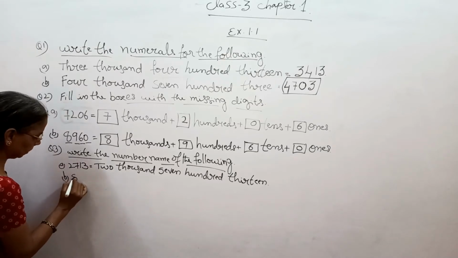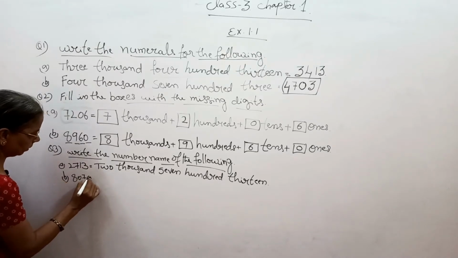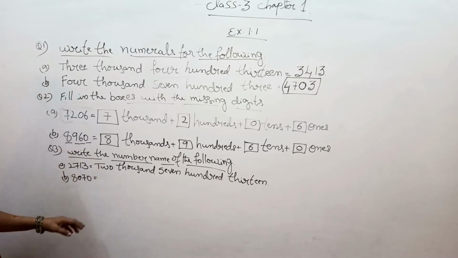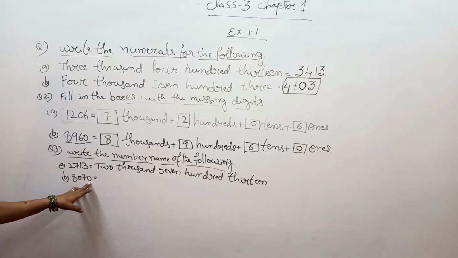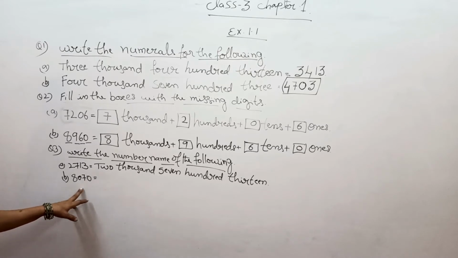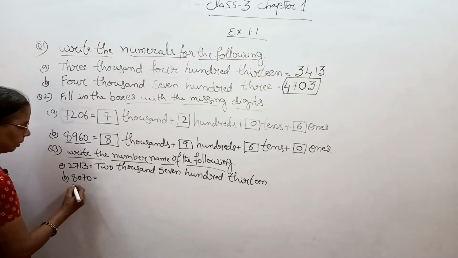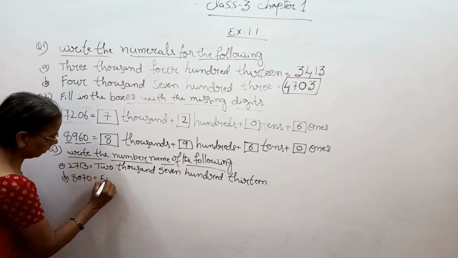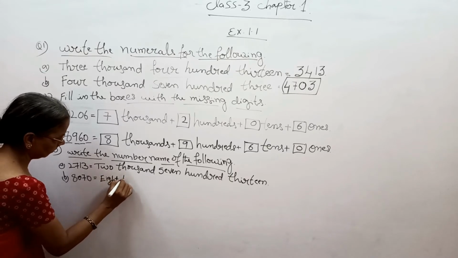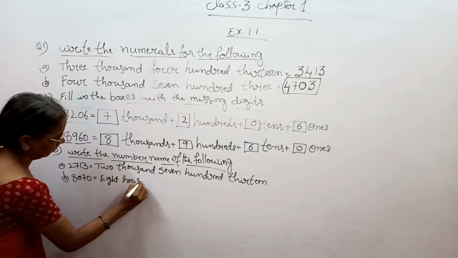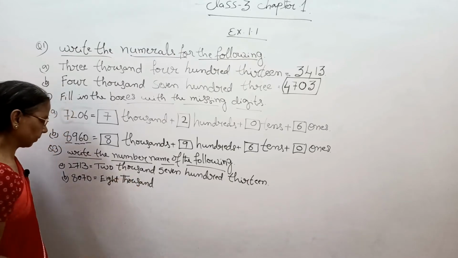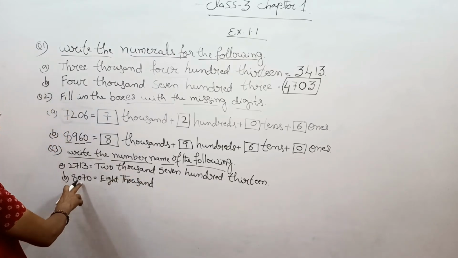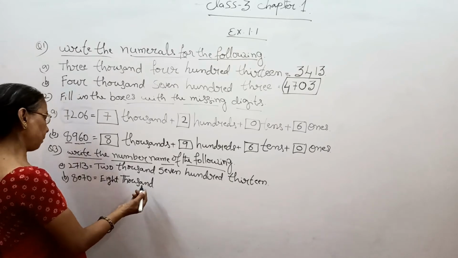8,070. Here in the ones place we have 0, and in hundreds place we have 0, and in tens place we get 7, and in thousands place we have 8. So thousands place we write it as 8,000, and in 100 place we don't have any number, then simply leave it.